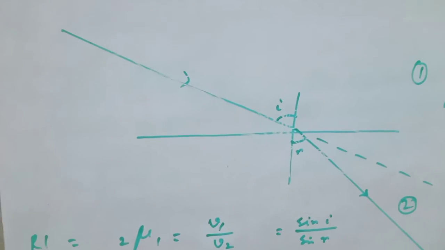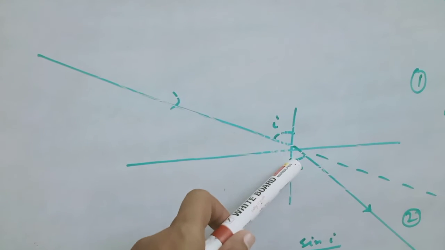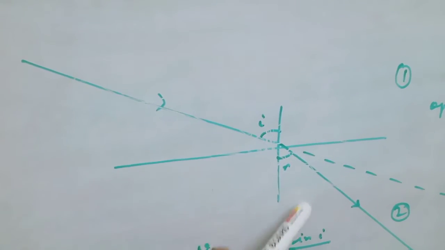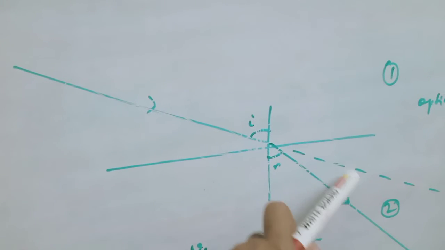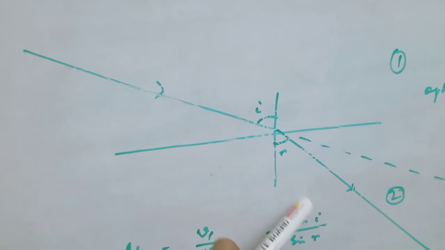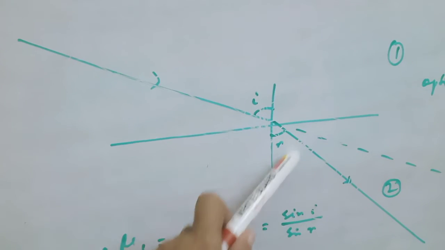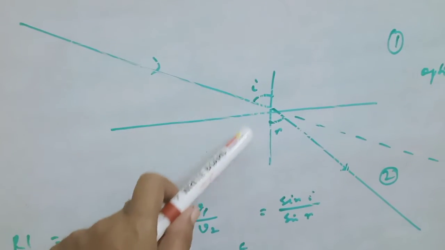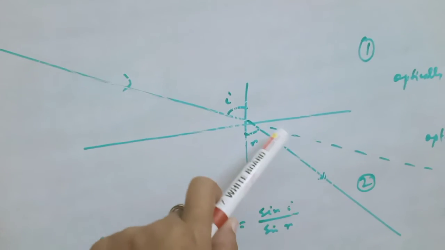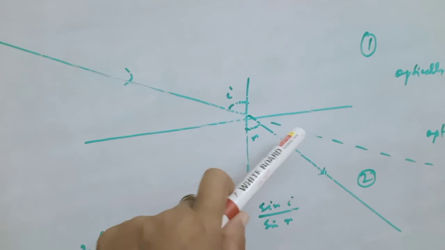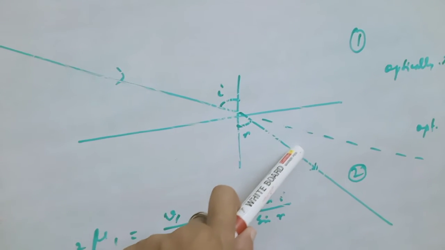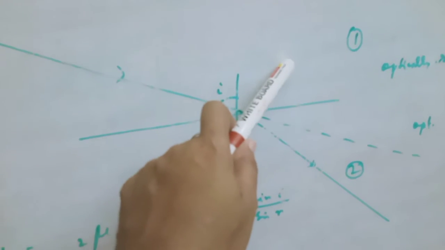Whenever a ray of light, while traveling in a particular medium with a definite speed, enters into another medium, its speed changes. If the refractive indices of the two media are different, its speed will change. Now, if the speed decreases, then this medium is said to be optically denser as compared to the first medium.